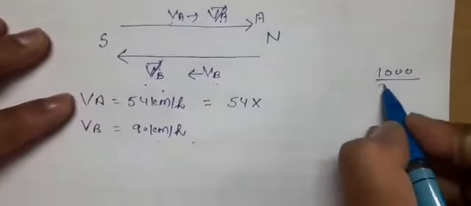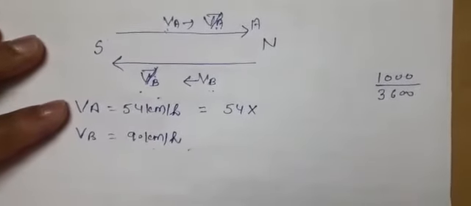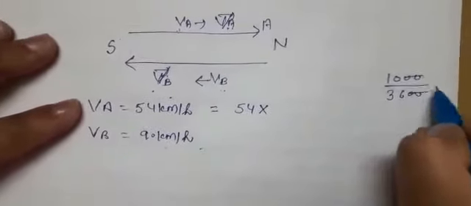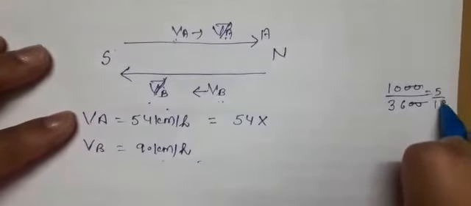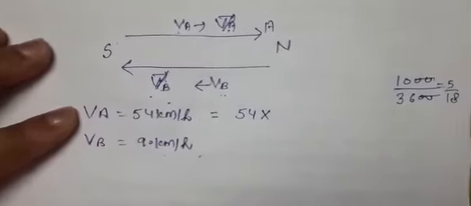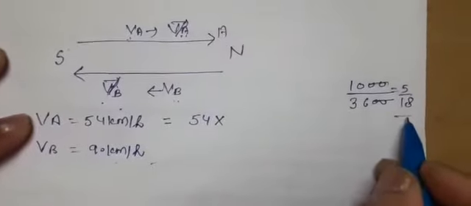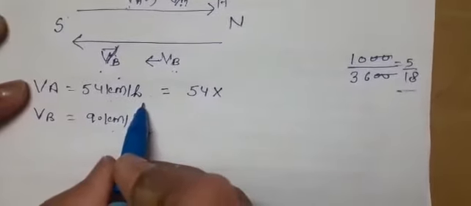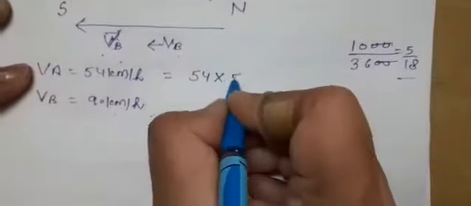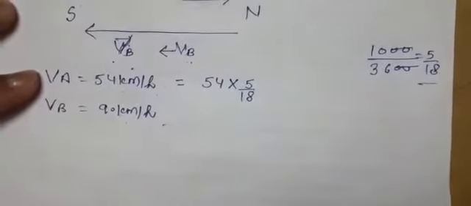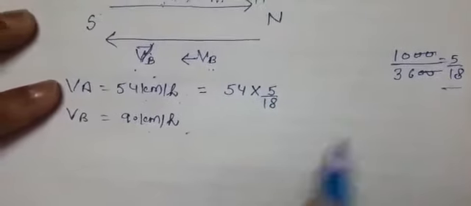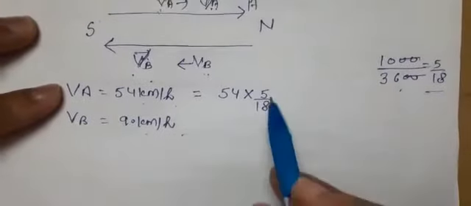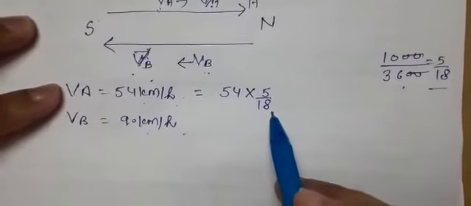In 1 hour, how many seconds are there? 3600. When cancelling out, it comes out to be 5 by 18. So now onward, if you have to convert kilometer per hour into meter per second, you can simply multiply by 5 by 18. You can simply remember this point.